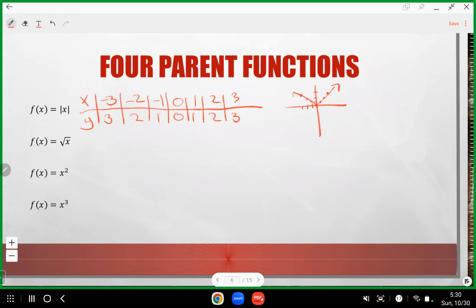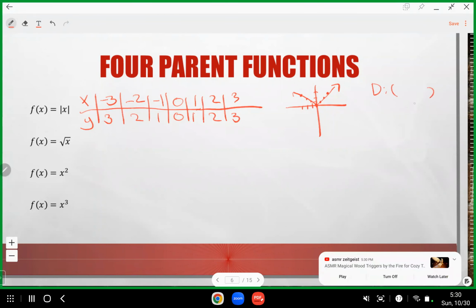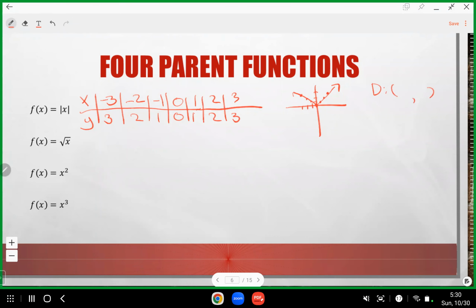Now let's look at the domain of it. Kaylee, what is the domain of this in interval notation? Is it negative infinity to infinity? Very good. It's negative infinity to infinity because you can see we have arrows going on forever.